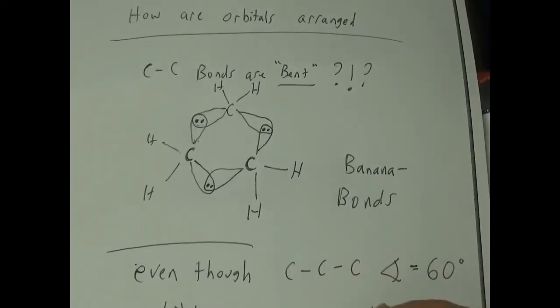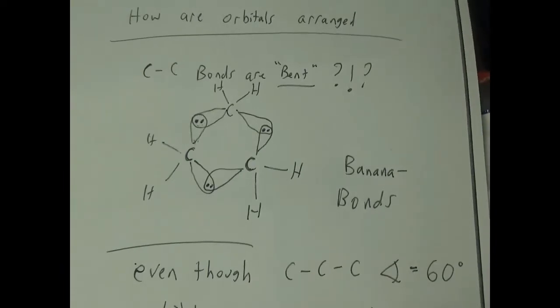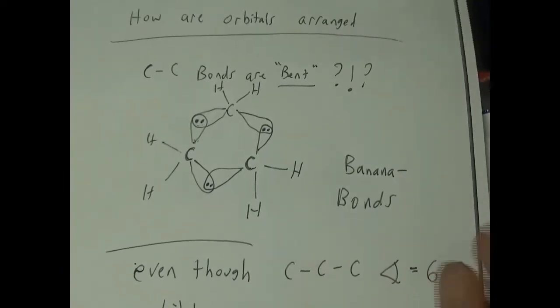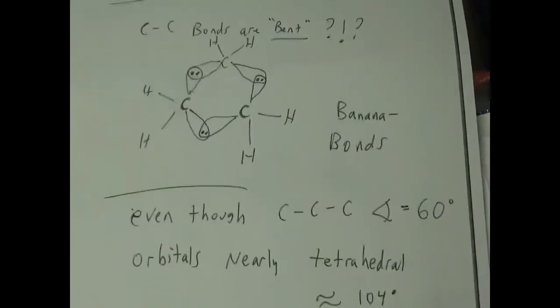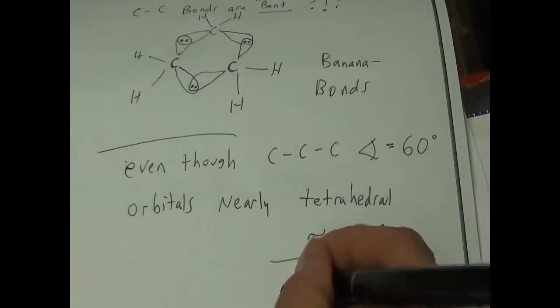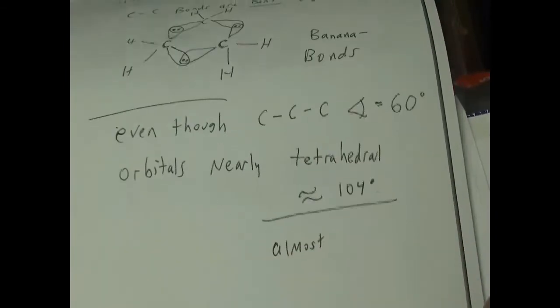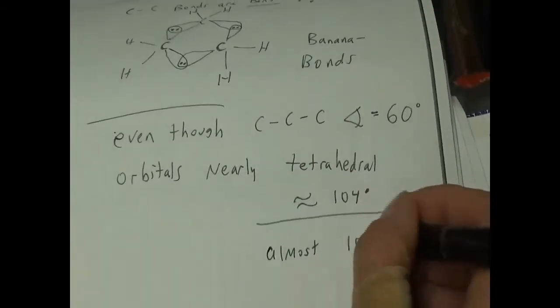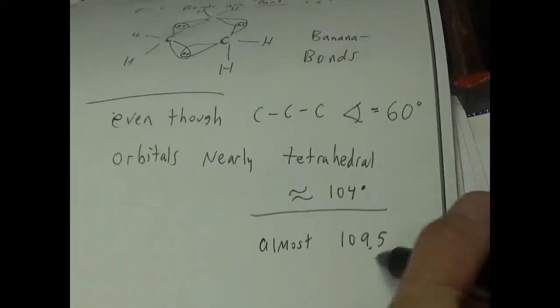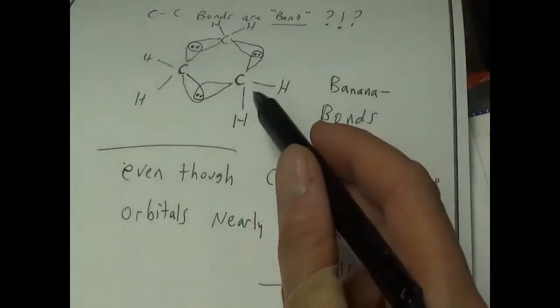Which is roughly 104 degrees or so. In this case it's 104 degrees, which is almost the same. Almost. What's the normal one for carbon? 109.5, right? So it's almost there, and the way they accommodate that is by using these bent bonds.